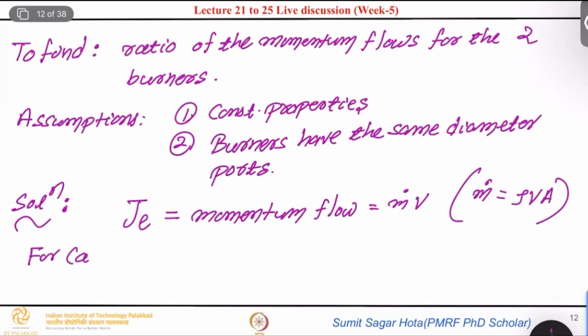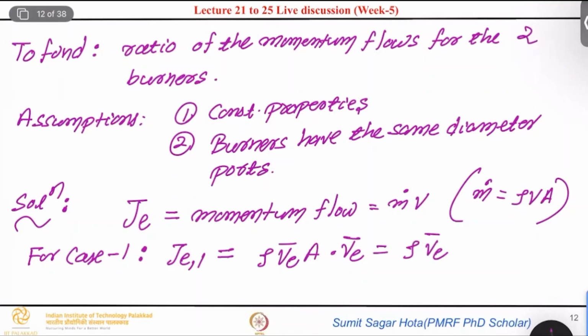For case 1, J1 is equal to rho VE A into VE, which gives rise to rho VE square into pi R square.